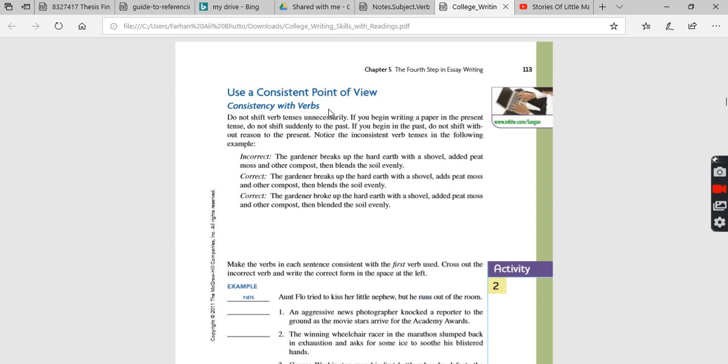I've been teaching English composition for more than a decade, and I have checked so many write-ups of the students. One mistake that I get quite frequently is that students switch their tenses unnecessarily.